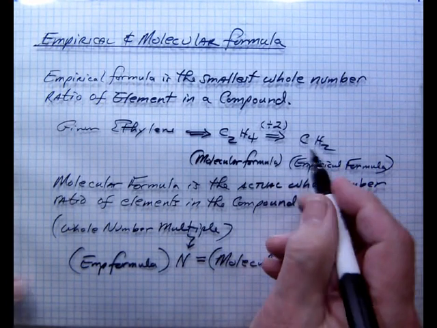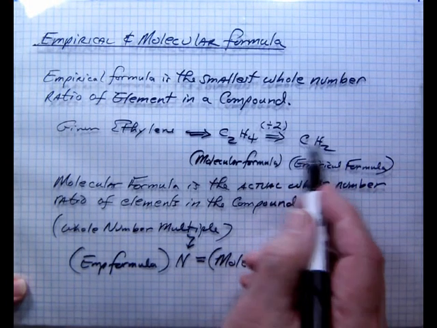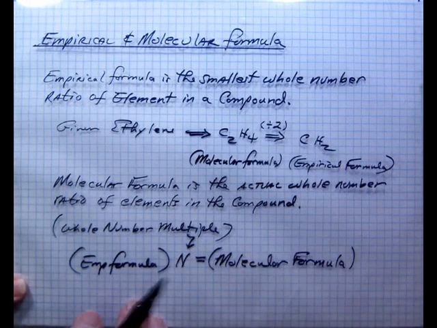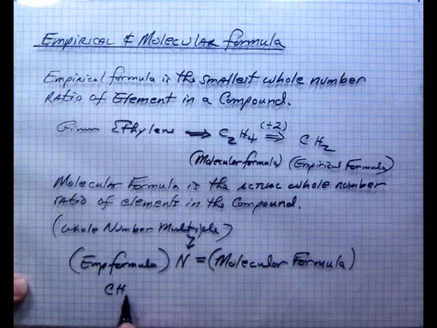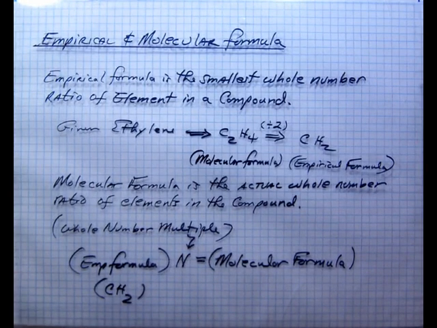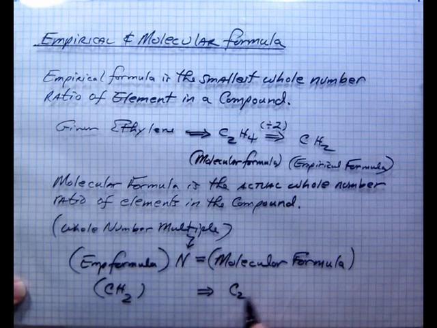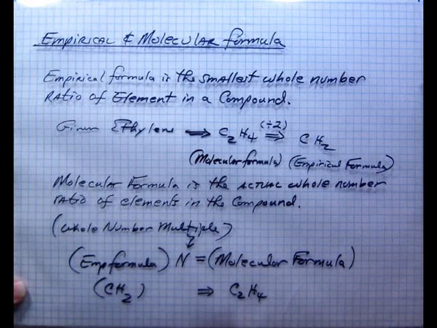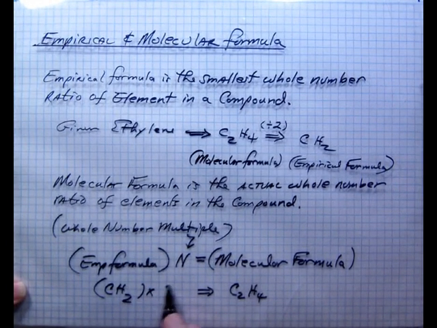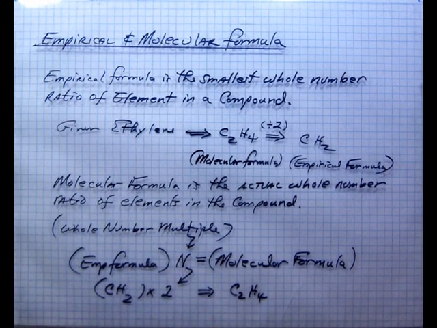For example, if we go back up to the example we used here, I've got a CH2. Say you're given the empirical. Well, to get to the molecular formula, C2H4 is pretty straightforward, just times 2, which would be the whole number multiple.